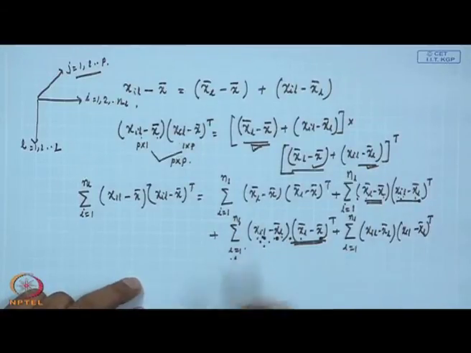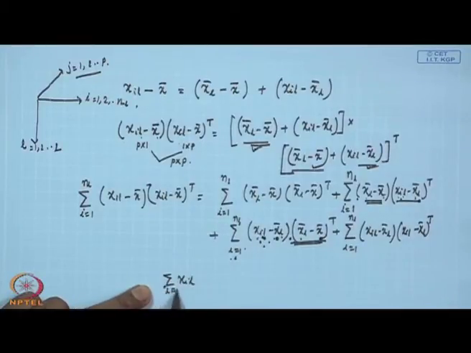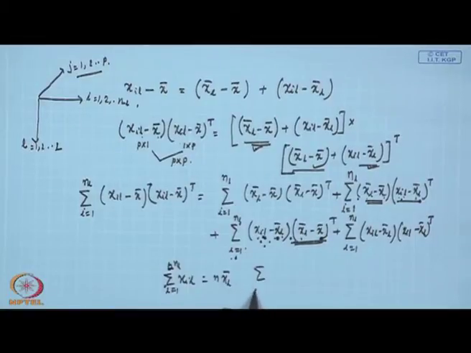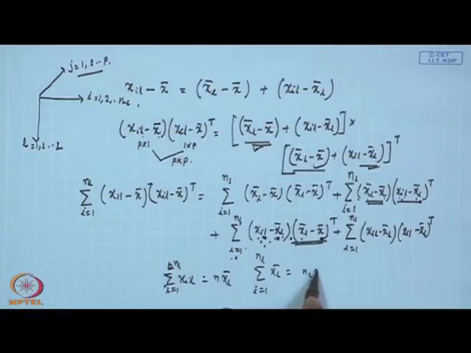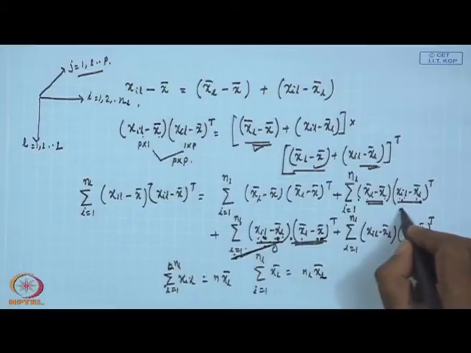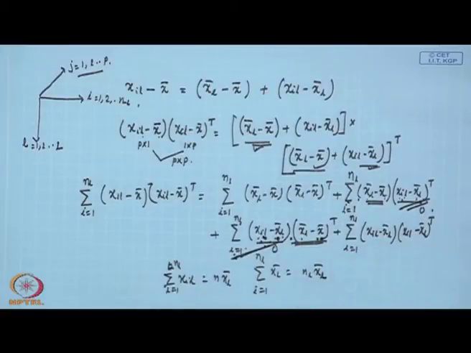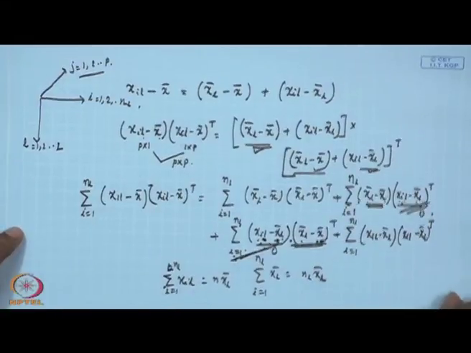Again, the sum over i equal to 1 to n_l of x_il equals n_l x_l bar. Now, again the summation of i equal to 1 to n_l of x_l bar is also n_l x_l bar, because this is independent of i. So, this quantity becomes 0, and similarly this quantity with this becomes 0. So, the two middle terms will be deleted because they are 0.